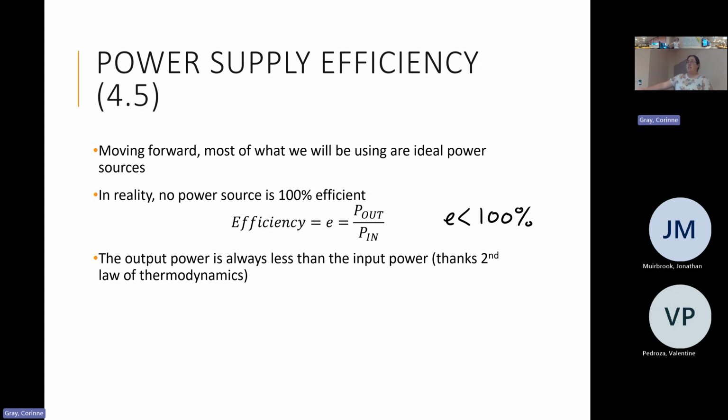We're going to be assuming ideal wires, which have no resistance, no change in voltage, none of that stuff. In reality, we would have a changing voltage. We would have some resistance in our wires. We are going to assume our power supplies are 100% efficient. In reality, right, batteries go dead over time.